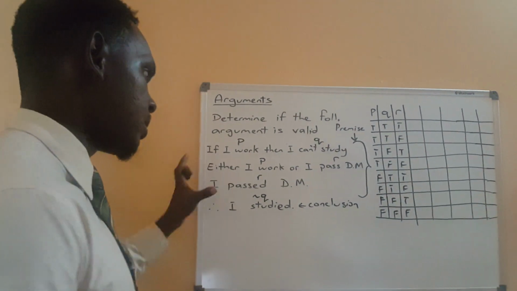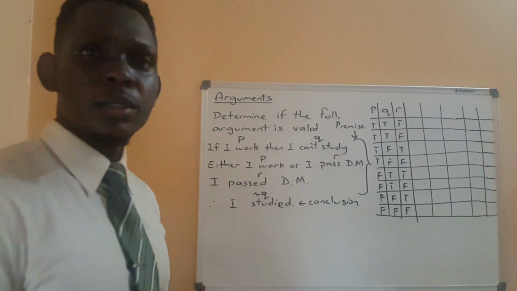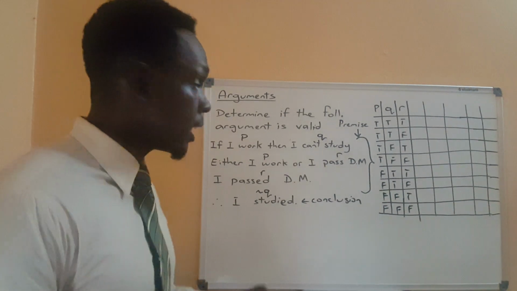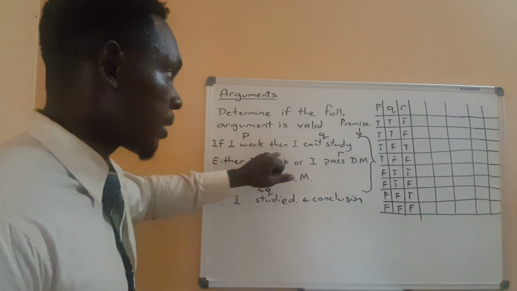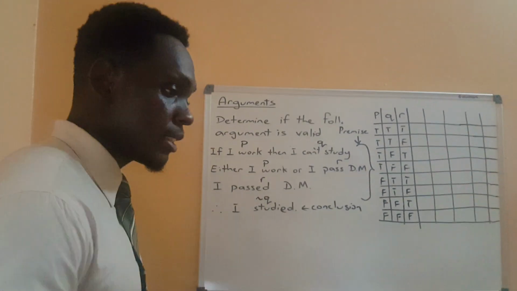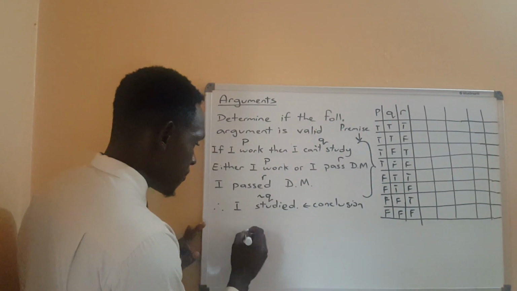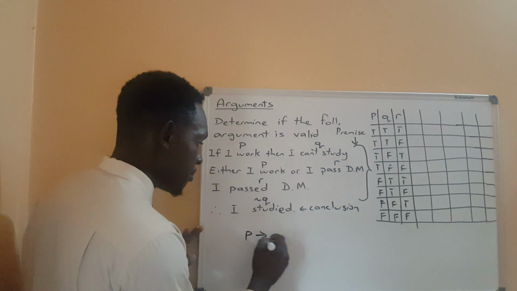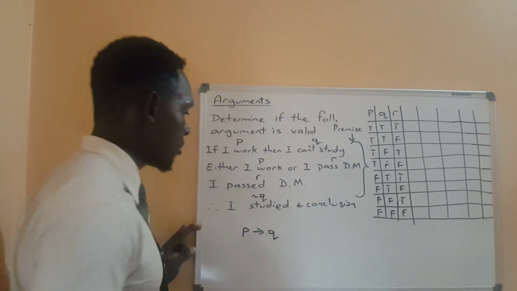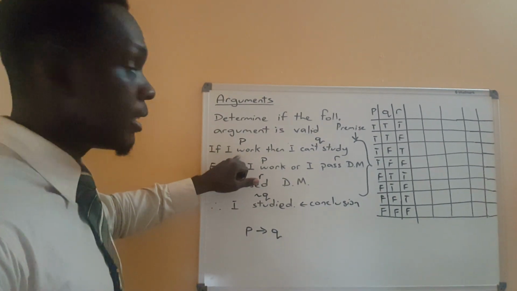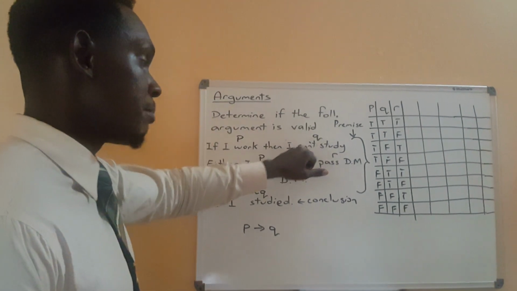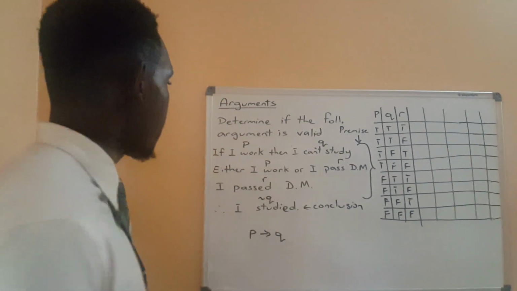So this looks a bit confusing, so let's write it now symbolically. What this is saying is if I work, then I can't study. We established that this is a conditional statement, so this is just P implies Q, because remember, P is the statement I work and Q is the statement I can't study.